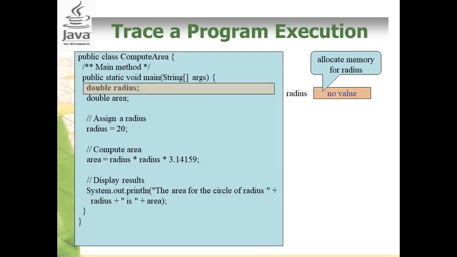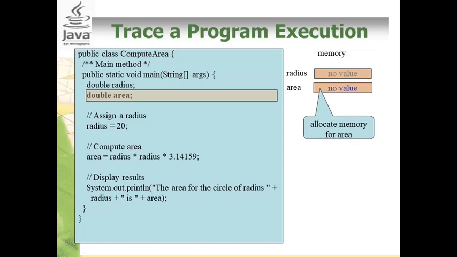Here I want to attract your attention to go through one example of a program. We are going to go through from the first line until the end, and we will see what will happen in the computer. Say that we start with the declaration of variable radius as double. That means when the computer executes that line, it will prepare a location, a box, with the name radius without any value at that time.